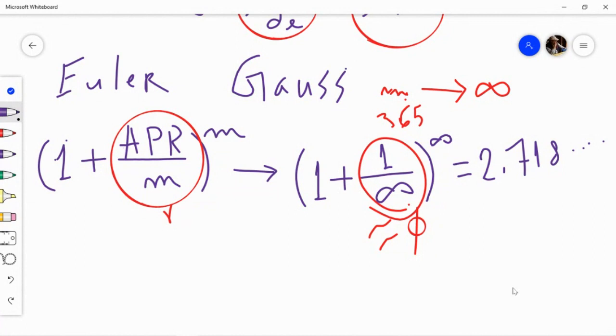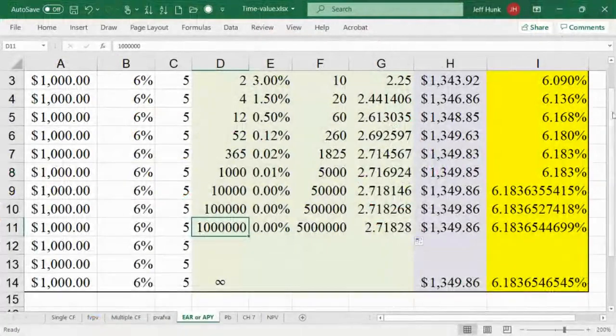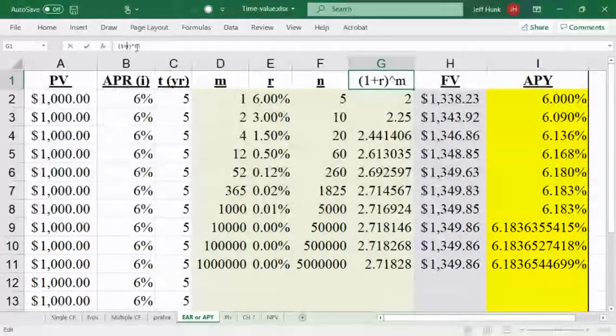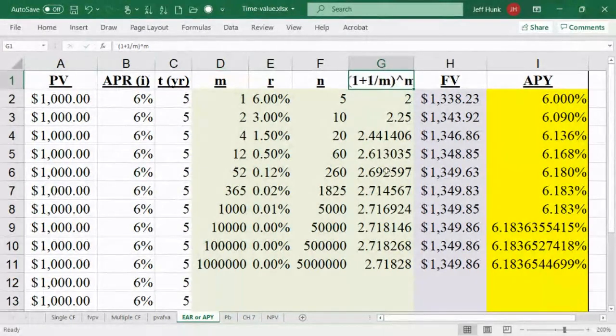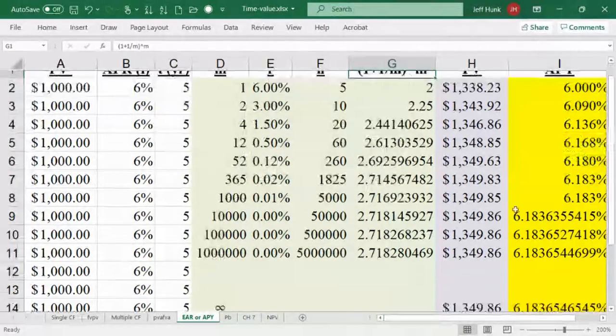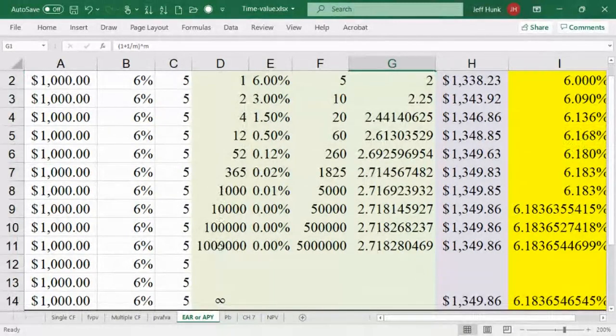But then under that assumption, if you increase, it's actually 1 over m, right? 1 over m. If m increases, right? Now that's 1 million.